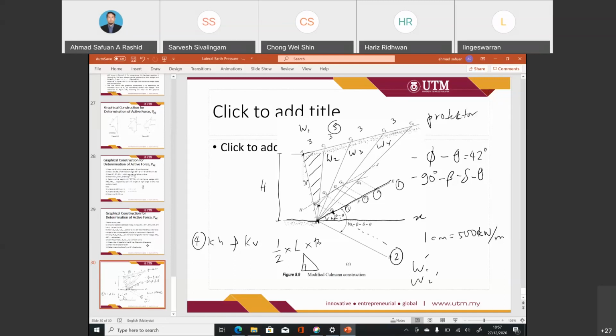From there, the intersection of the line of F1 with the BC is the G. The same goes for the other lines, F2, F3, and F4. They should be parallel with the line of BD.